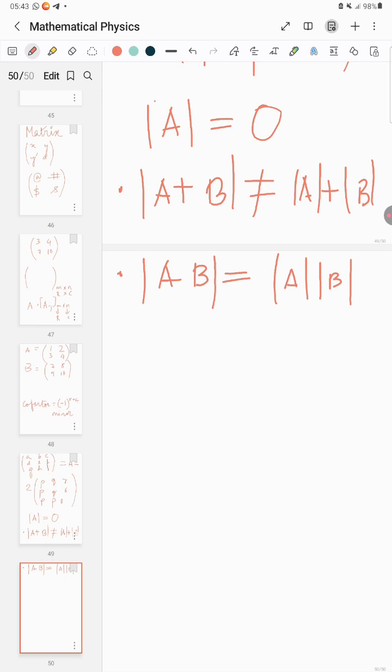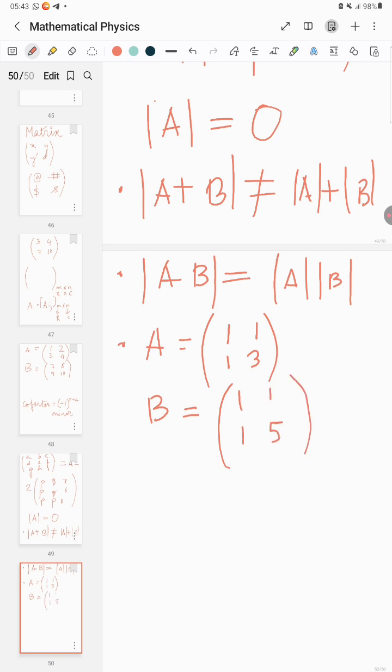Alright. Let us look into an example of this. For example, consider a matrix A equals 1, 1, 1, 3, and another matrix B which is 1, 1, 1, 5. So determinant of A would be, we know how to find the determinant.